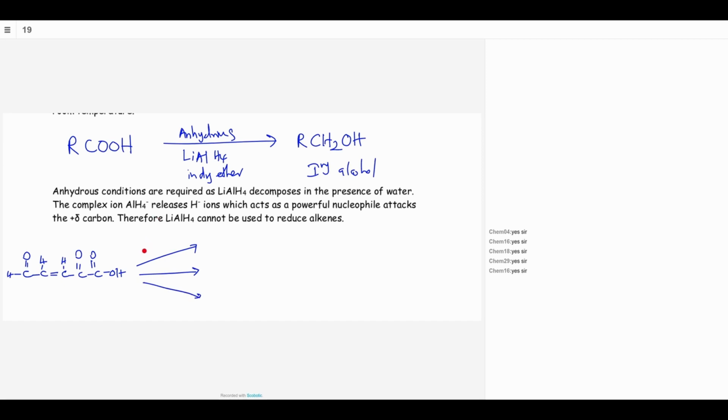One is hydrogen with nickel catalyst at 300 degrees Celsius. Let's see what happens there. And then you have lithium aluminium hydride in dry ether, and you've got sodium borohydride. I'll give you a minute. Write the products.